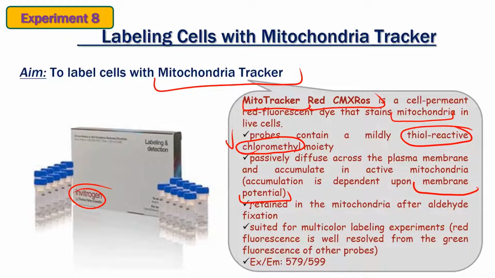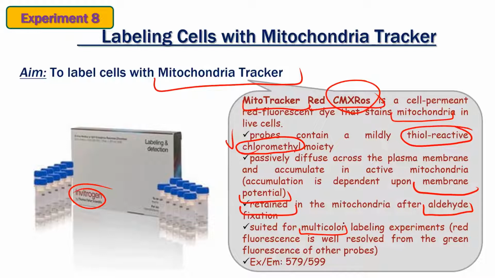Okay, so when we are done with the staining of mitochondria, we can fix our cells with formaldehyde. And the good thing here, the formaldehyde does not reduce the signal that comes from our red CMX-ROS. Okay, so it retains in the cell after the fixation. And because we're using red color here, it is good for multiple staining of our cells.